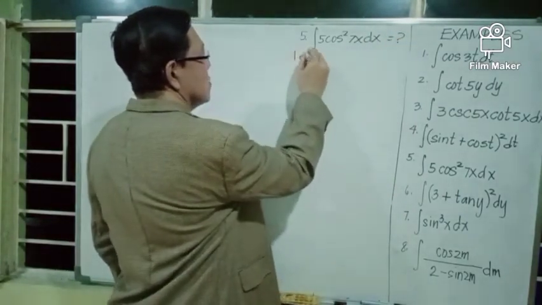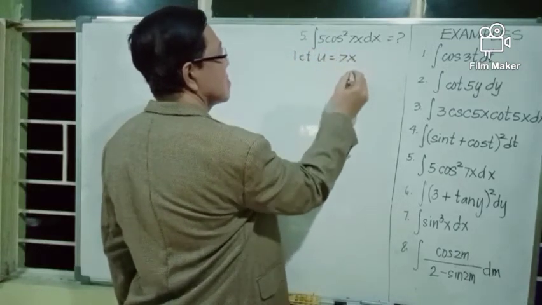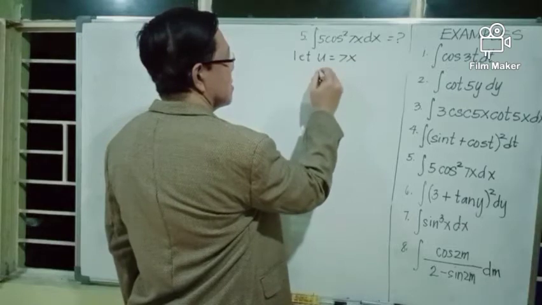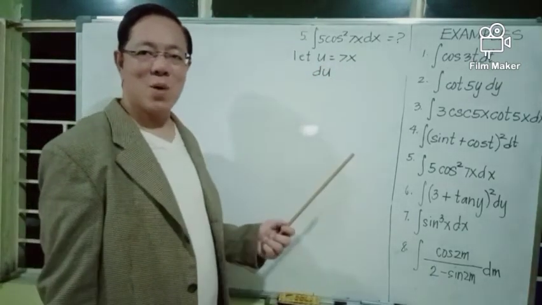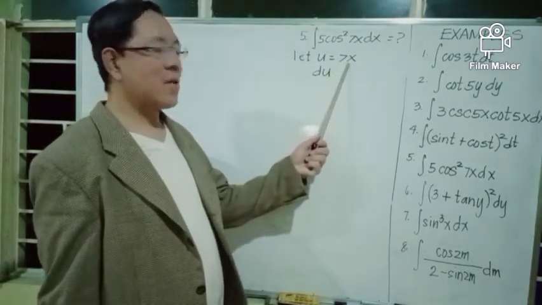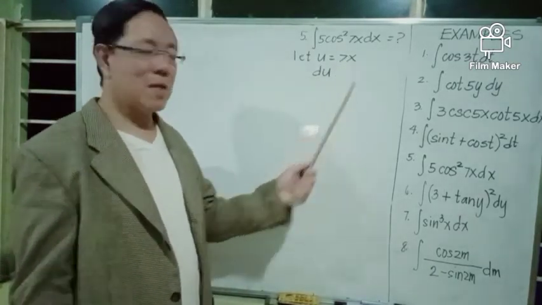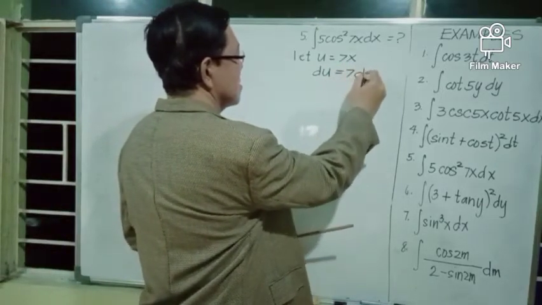We let u be equal to 7x. And this implies the derivative of u is du, the derivative of u is 1, multiplied by du is du. The derivative of 7x with respect to x is 7, multiplied by dx.